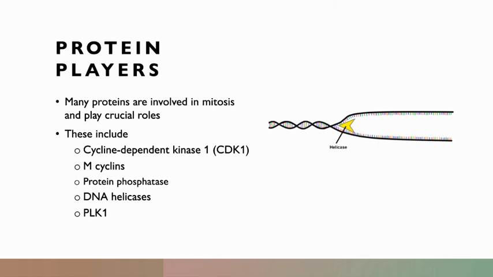So these particular proteins really get things going and make sure things go the way they're supposed to. The next one is kinesin-like proteins that regulate the assembly of the bipolar spindle as a critical point that is necessary for the initiation of mitosis.